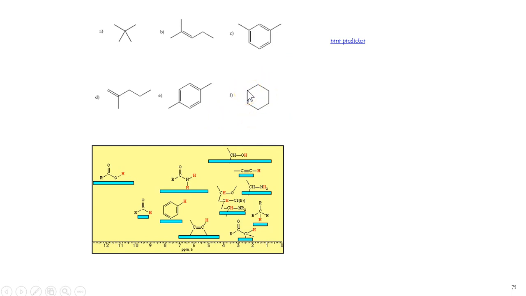1H quartet. 1H, 2H, 1, 2, 3 quartet, 2H pentet, 2H pentet, 2H, 1 plus 3 quartet. Since these things are relatively rigid and cannot rotate, you might see some splitting within it.